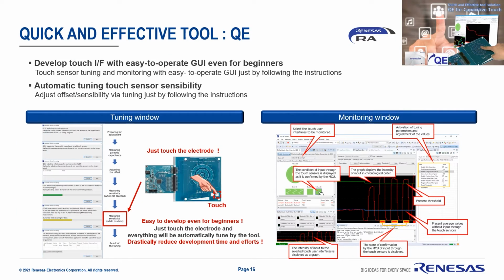Quick and Effective Tools, QE. It's the name of the tool that we have developed to help you develop your touch interface. These tools will permit you to configure all parameters of our driver and middleware by an auto-tuning mode.